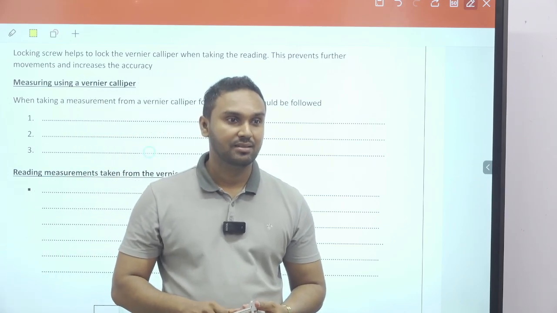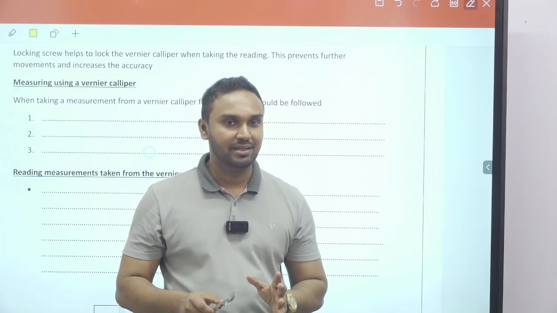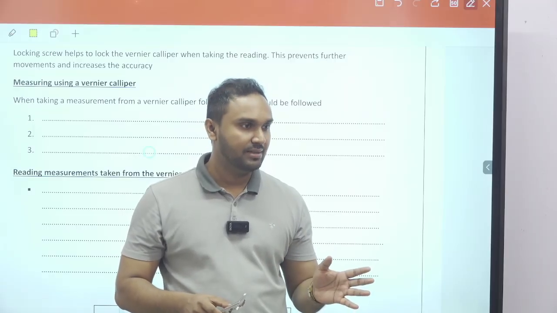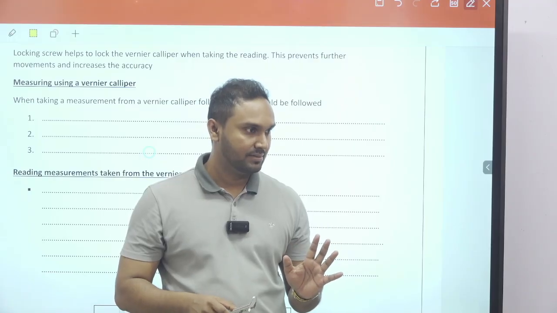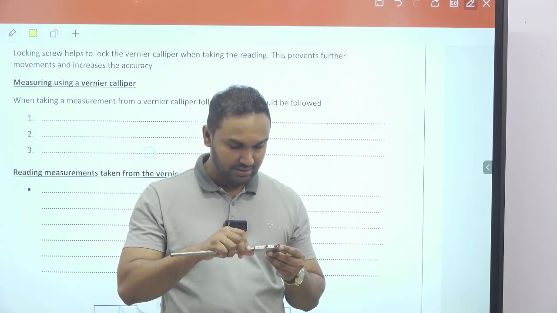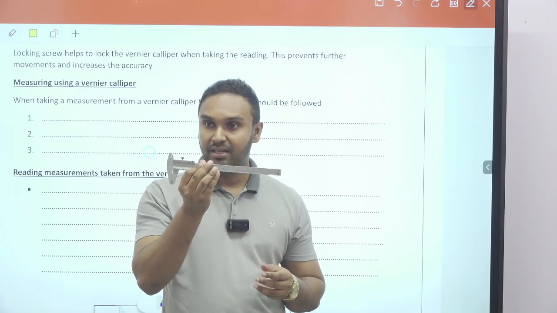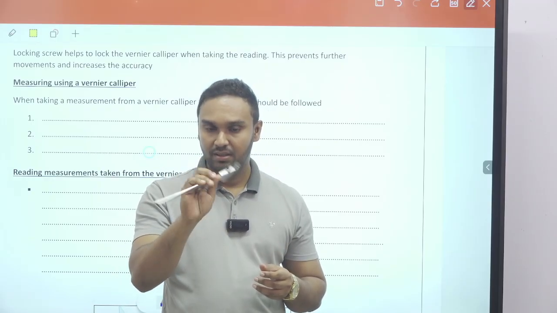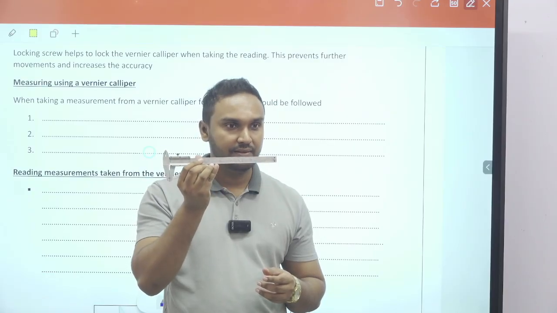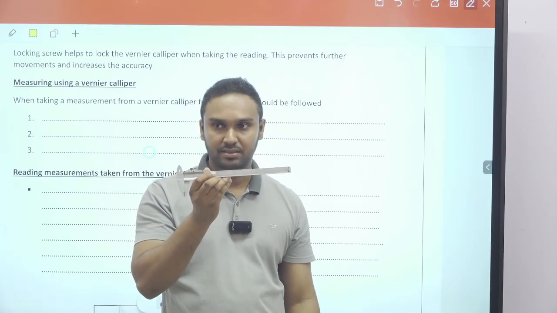Tell separately: main scale 9, vernier scale 10. In some instruments it's different, so you just check it. This one has 20 vernier scale divisions and 19 main scale divisions.